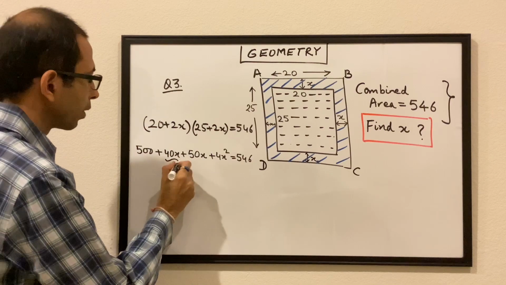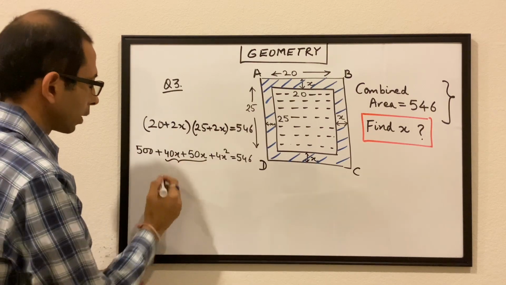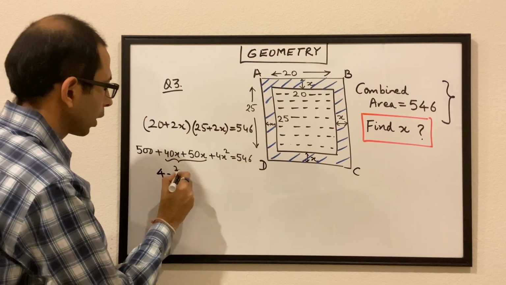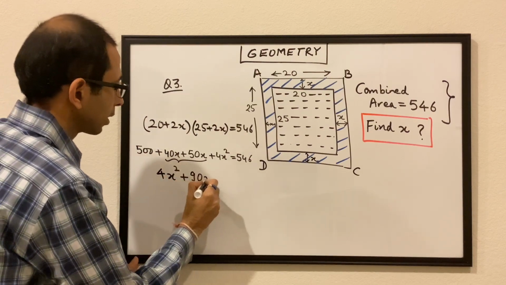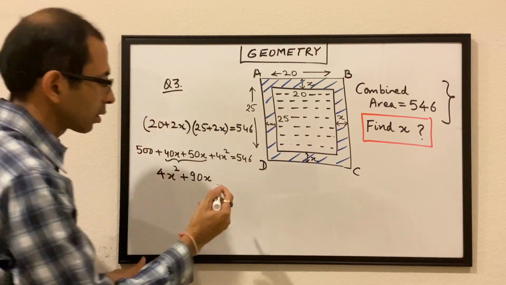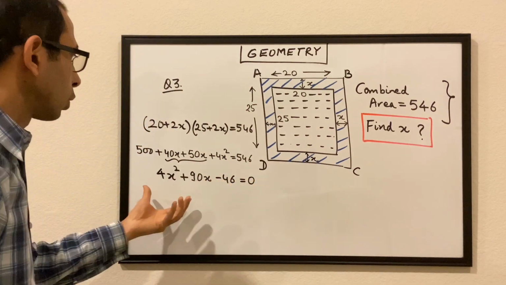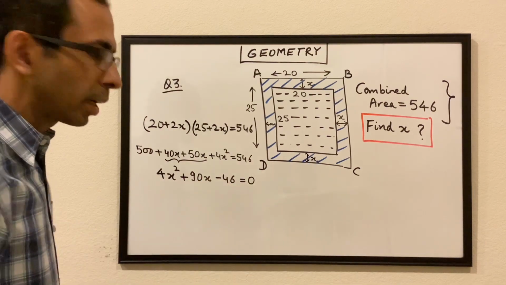We can combine these two terms and write everything in terms of a standard quadratic equation. So it becomes 4x square plus 90x. You bring 546 to the left side, so it becomes minus 46 is equal to 0, right? You just got to solve this and find the values of x.